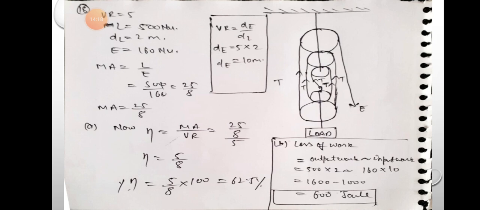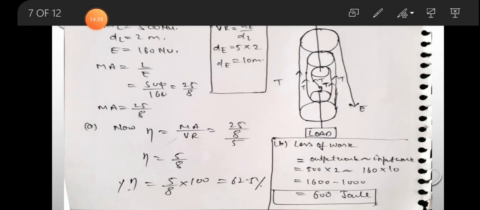Now moving ahead, again we have to calculate loss of work. So loss of work is equal to again output work, and here you can see a symbol. The meaning of this symbol is that from the bigger quantity, the smaller quantity is reduced automatically. So we have output work subtracted from input work. Input work is 1600 and output work is 1000.